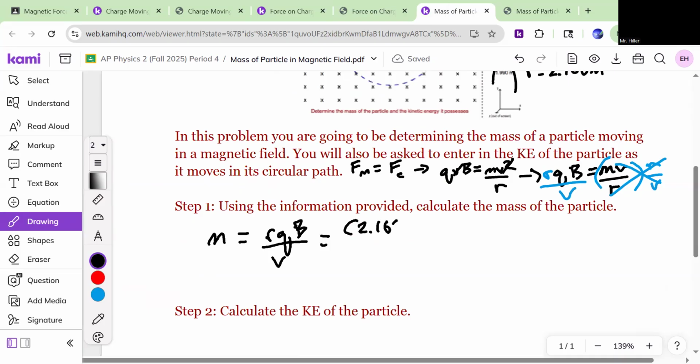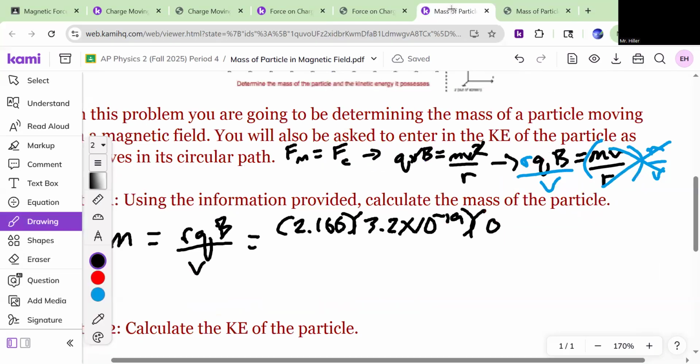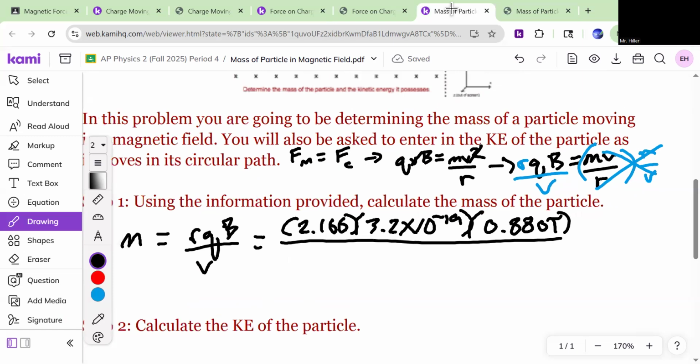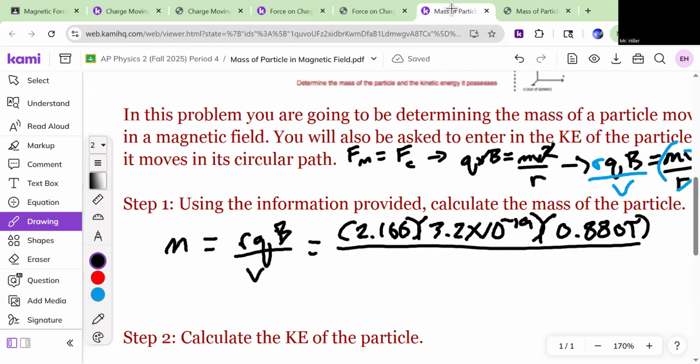So the radius, 2.166, times the charge, 3.2 times 10 to the negative 19, times the field strength, in my case 0.88 Tesla, divided by the speed, in my case 8.6 times 10 to the 6.